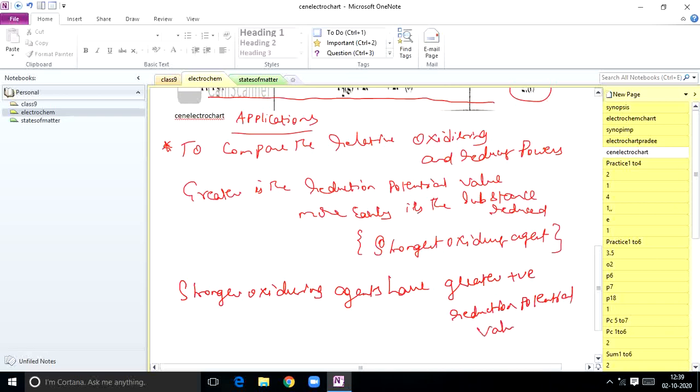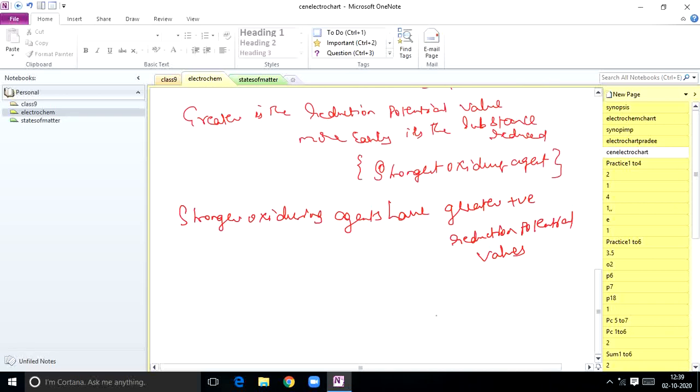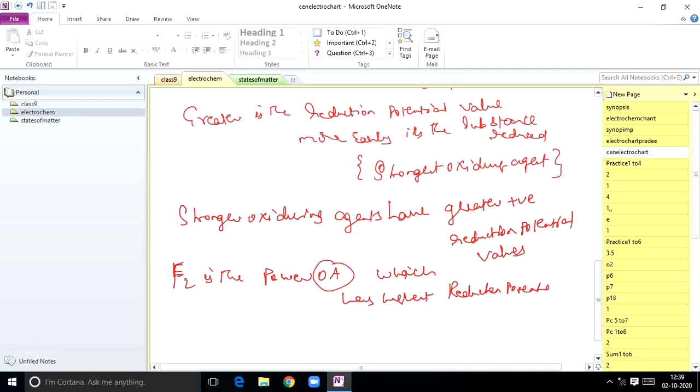If you observe the chart here, fluorine is the powerful oxidizing agent which has the highest reduction potential value. Of how much, students?